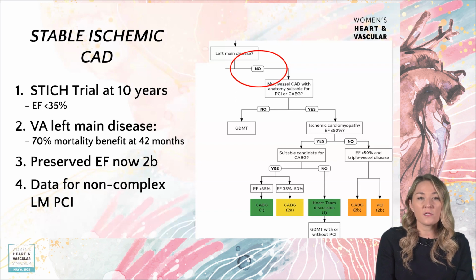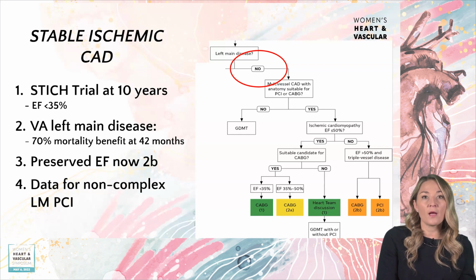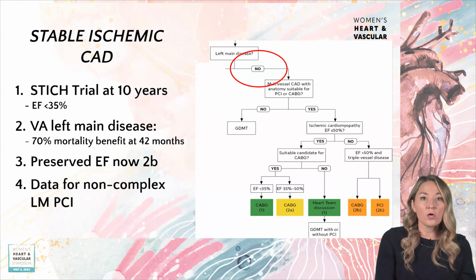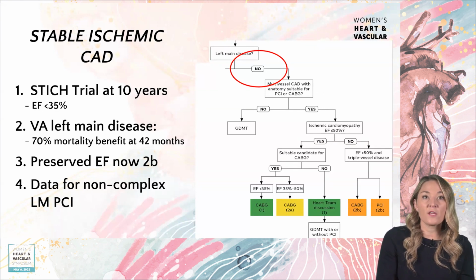So let's go down this little cascade here on this picture: left main disease, no, multivessel CAD that may or may not be suitable for bypass surgery or CABG. If the answer is no, then medical therapy if they don't have left main.